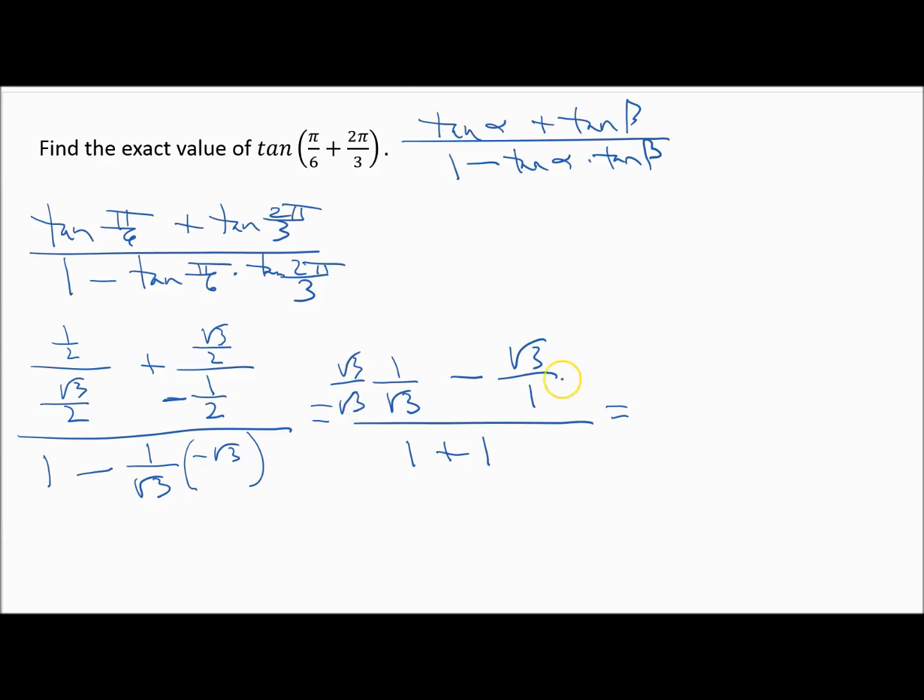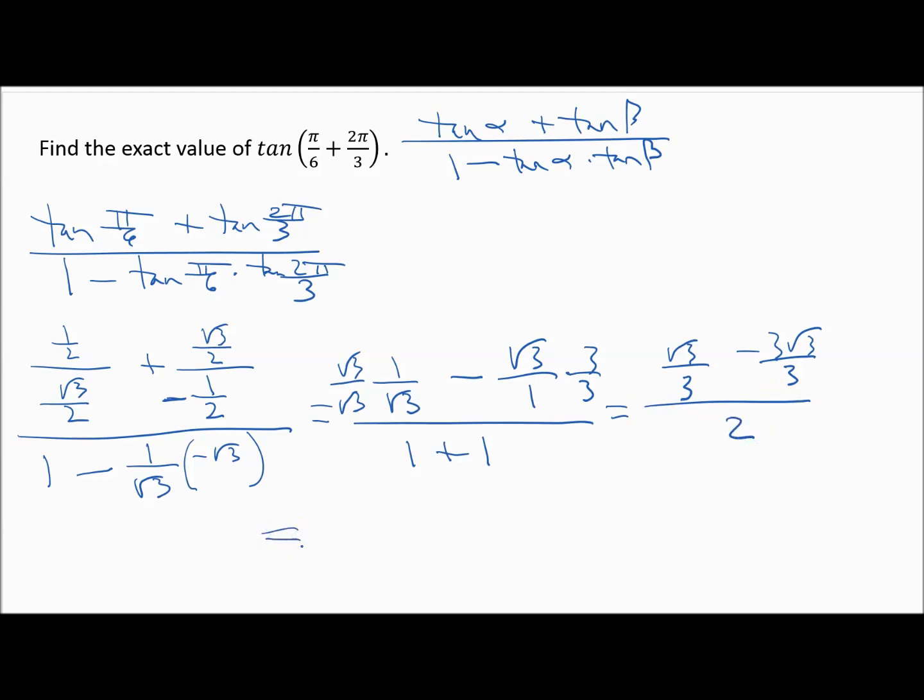Okay, and then that's going to give you 3. You'd still have to multiply that by 3 over 3. You follow me? Because this is going to be the square root of 3 over 3, which means I'm going to need a 3 down here. So this is going to be minus 3 square root of 3 over 3 over 2. What a mess.